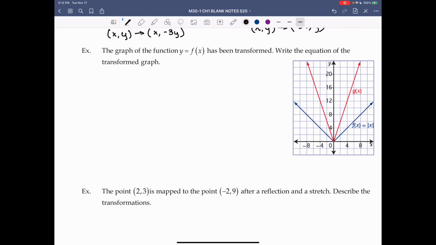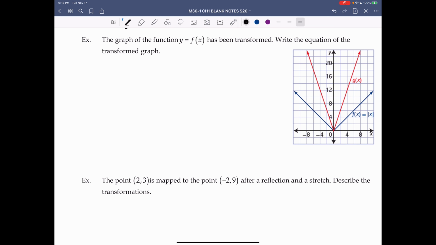The graph of the function y equals f of x has been transformed. Write the equation of the transformed graph. We can see that the shape changed, so we must have a stretch.